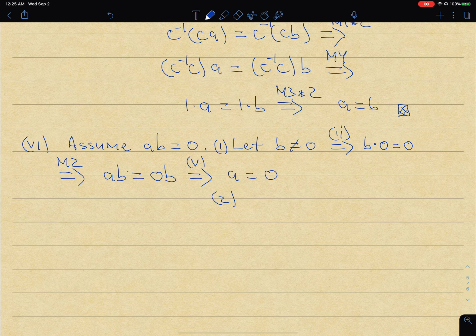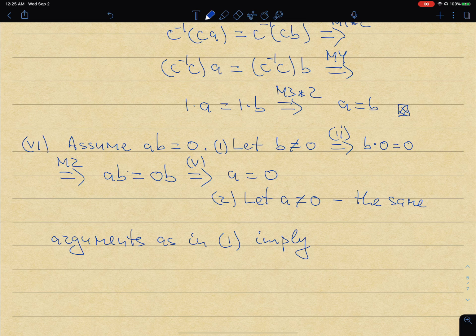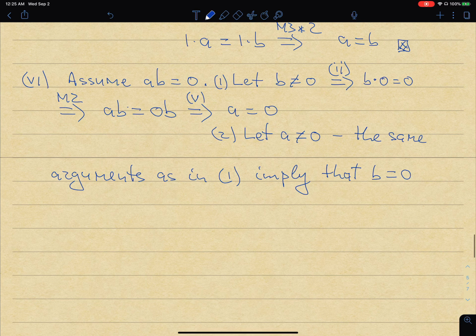Second possibility would be let A not be equal to 0. And I'll ask you to just write it down on your own, but then the same arguments as in 1 will immediately show you that if A is not 0, then B must be 0. So that's a second possibility. And of course, there is a third possibility.